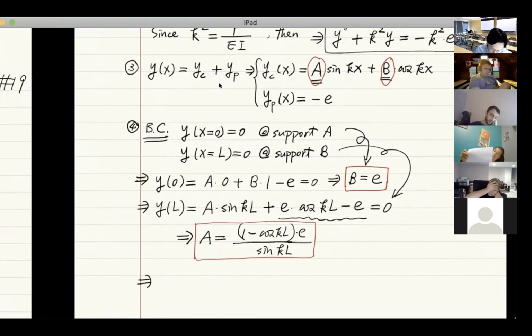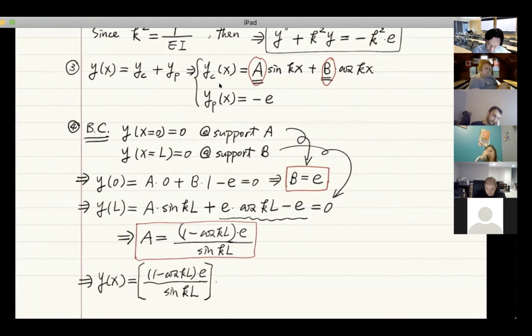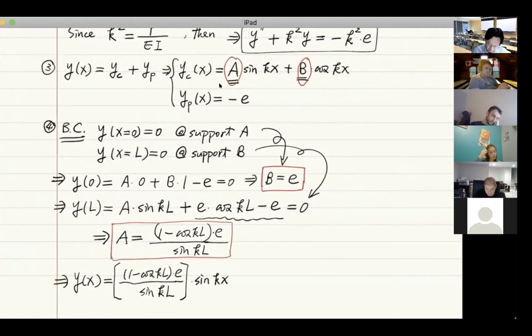That means y of x is, the first term is A, it's a little bit tedious but not that crazy, times e divided by sine KL, this whole thing times sine KX, plus e times cosine KX minus 1.